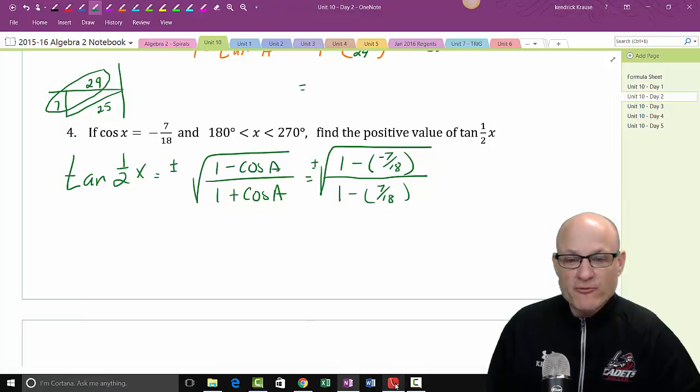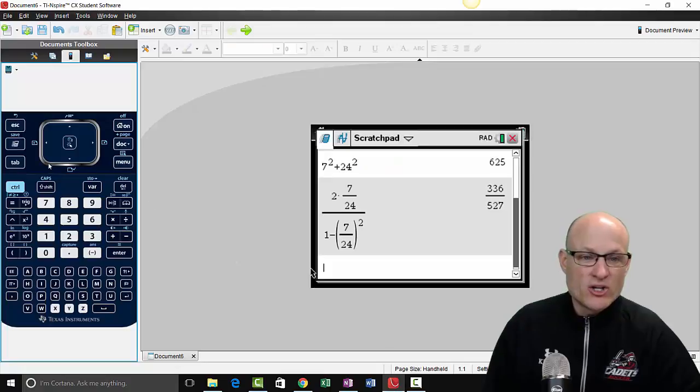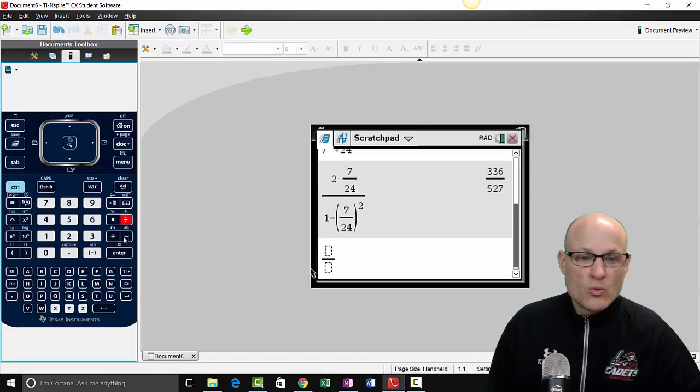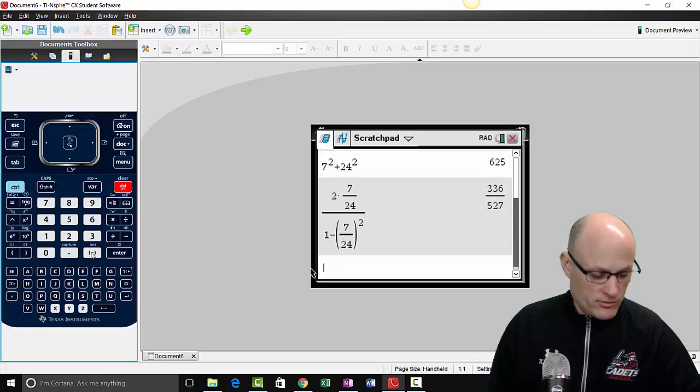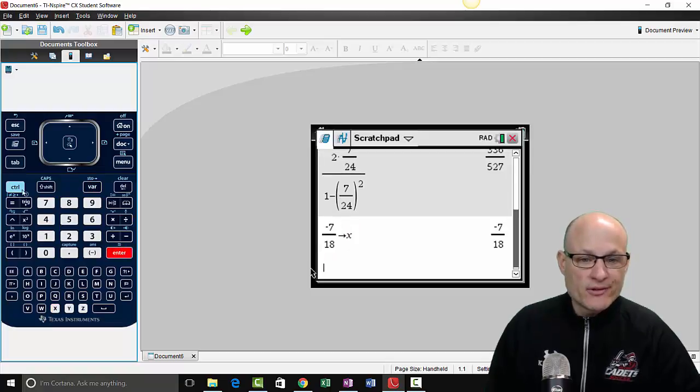Now, just like before, we're only going to type in the stuff that's under the radical. To make my life easier, I'm going to type negative 7 divided by 18 and store it as x. Now that's cosine of x.